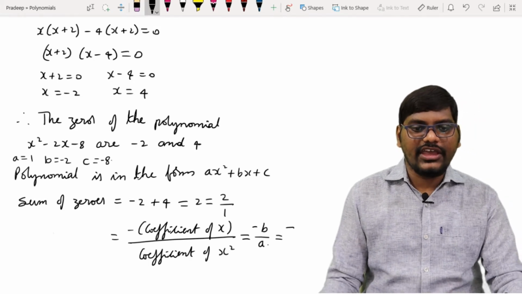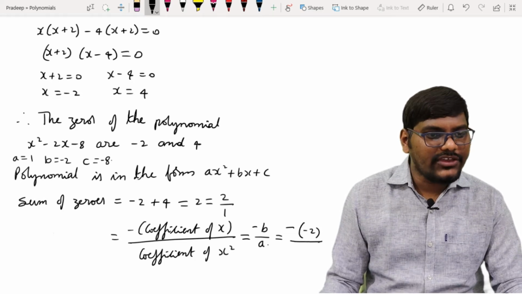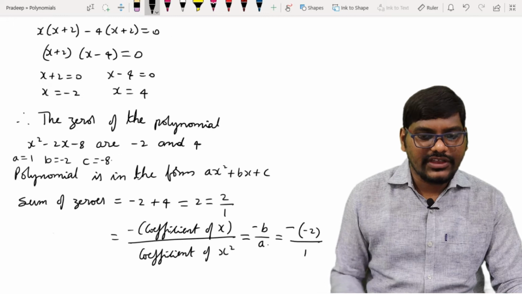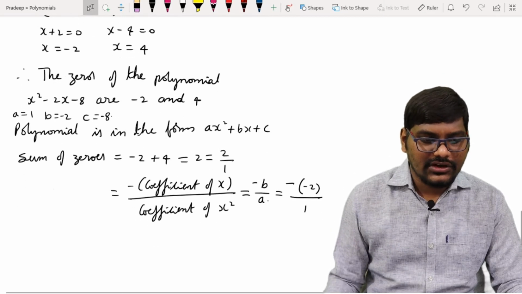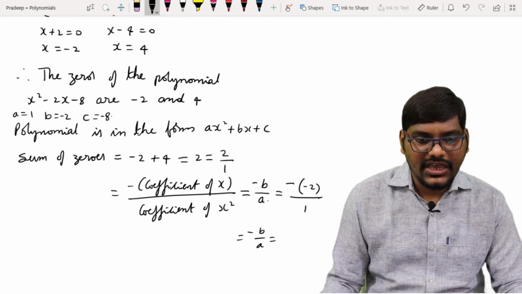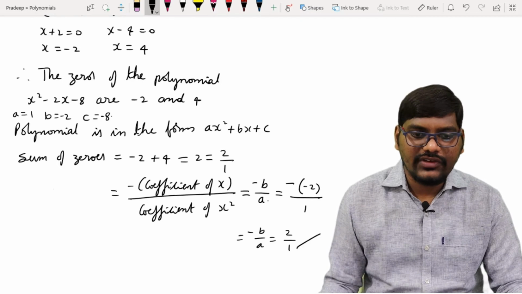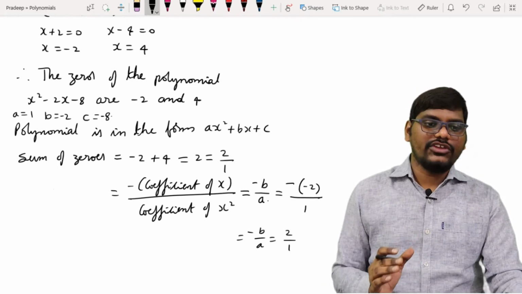So we'll write in the same way. Minus b, we got it as minus 2, and a is just 1. So minus b by a, we are getting it as 2 by 1. Okay, so this is the value which we are getting for the sum of the zeros.